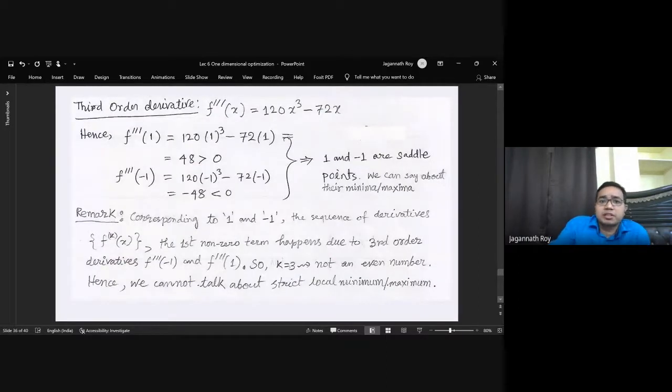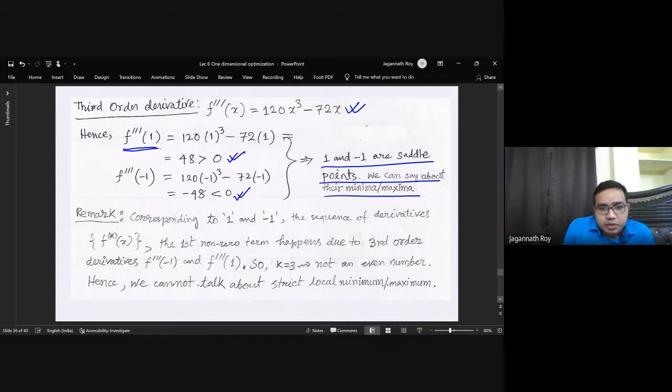For the higher order derivatives, the third order derivative we have calculated, and we can see that one is positive and another is negative. But these are actually saddle points, because we cannot say about the points corresponding to 1 and minus 1.